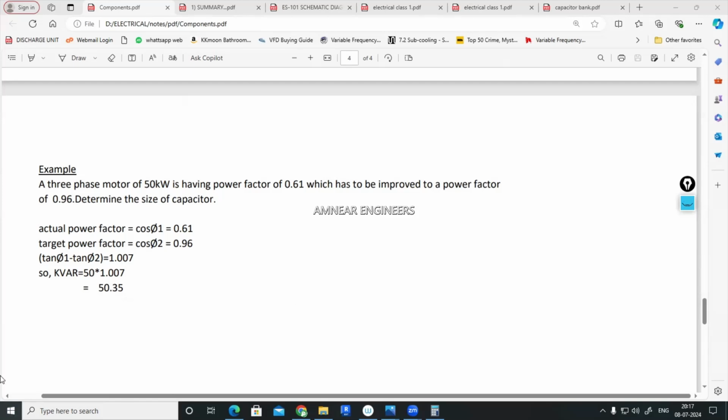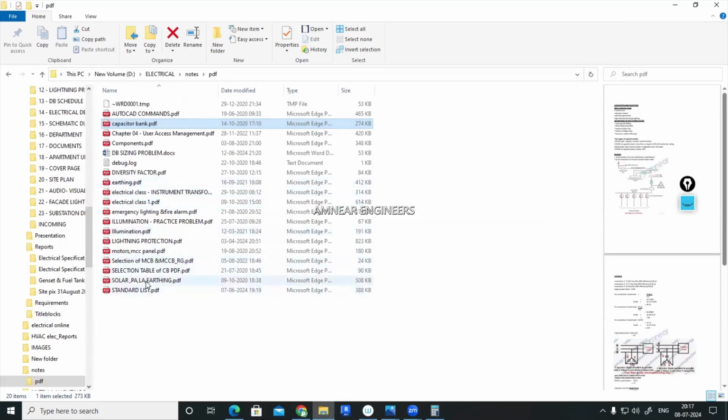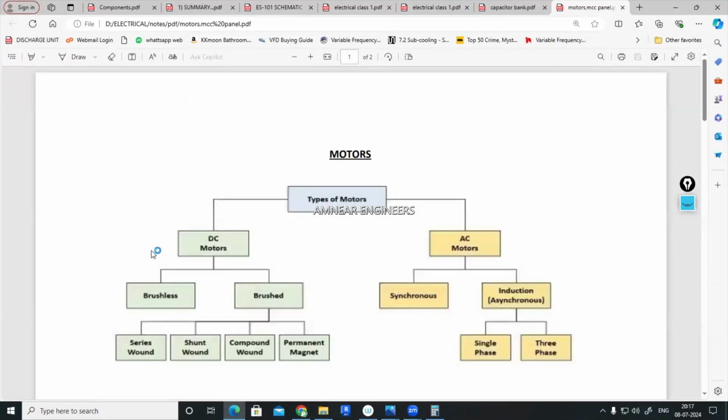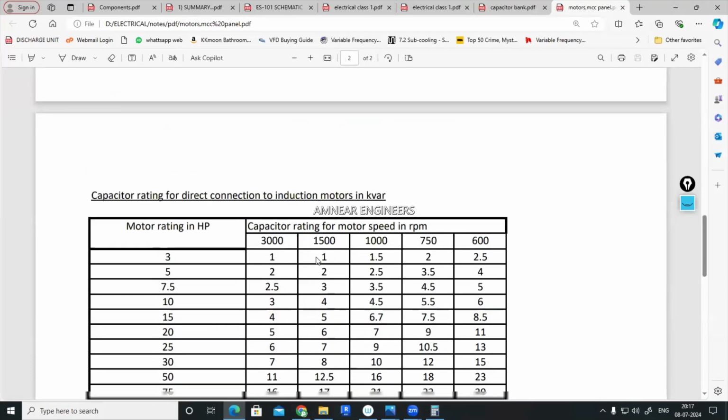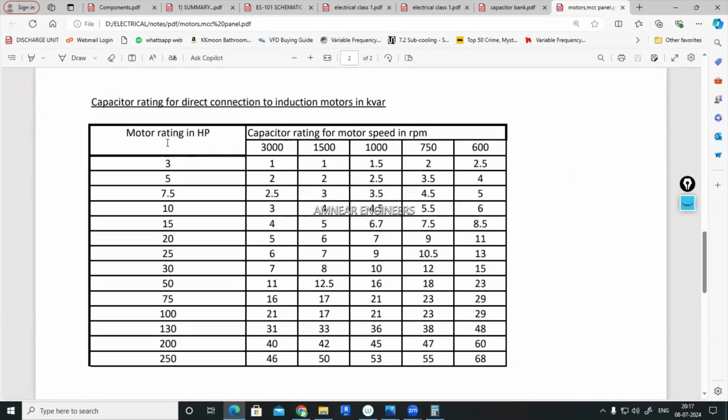Suppose for induction motors having various ratings, we are having a table like this for selecting the capacitor rating: capacitor rating for direct connection to induction motors in kVAR. Based on the motor rating in HP and the motor speed in RPM, let us select the capacitor rating from this table. For a motor rating of 3 HP with 3000 RPM, I need 1 kVAR of capacitor.